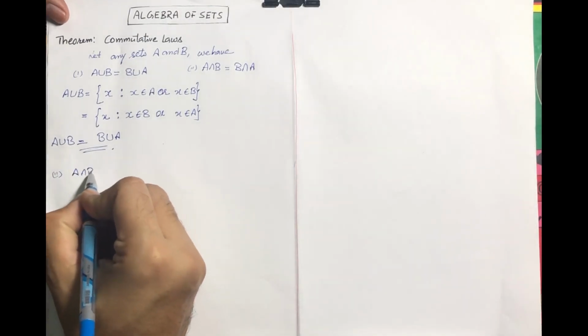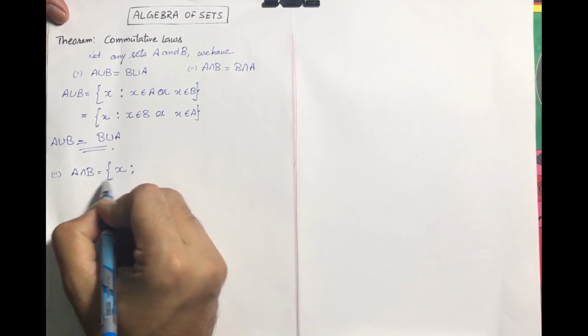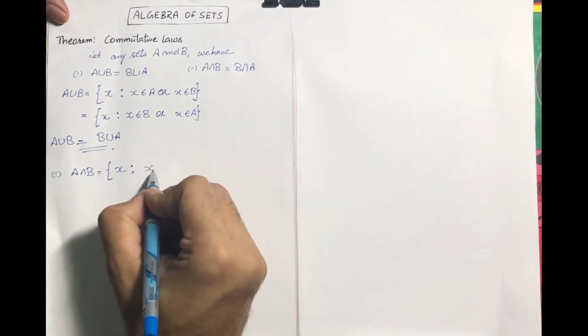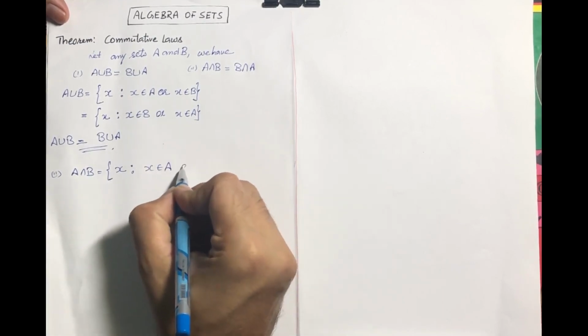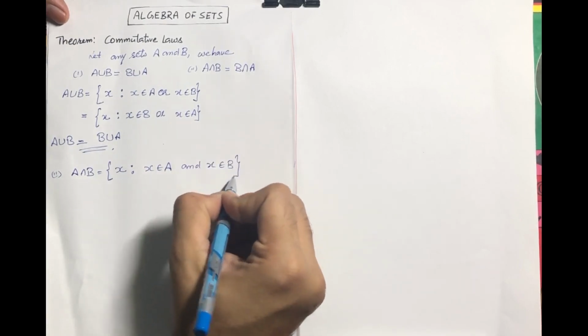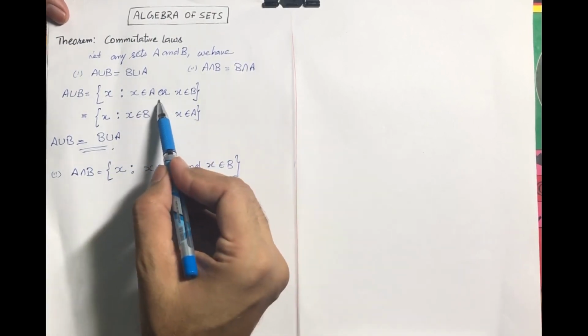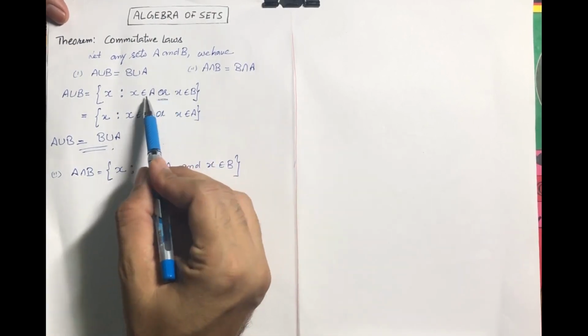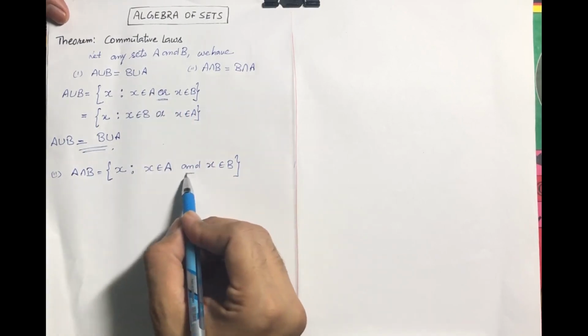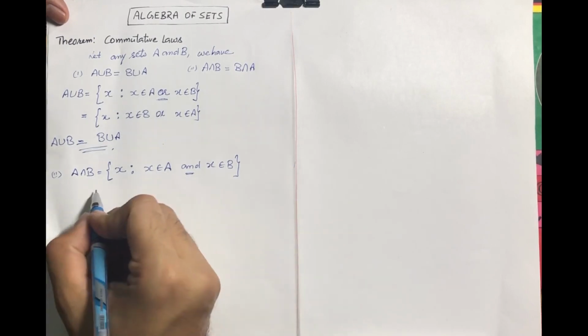A intersection B. Again, by definition of intersection, an element belongs to this set if x belongs to A and x belongs to B. We have to remember the only difference: here we have or, either it belongs to A or to B, but here we have and, it has to belong to both the sets.